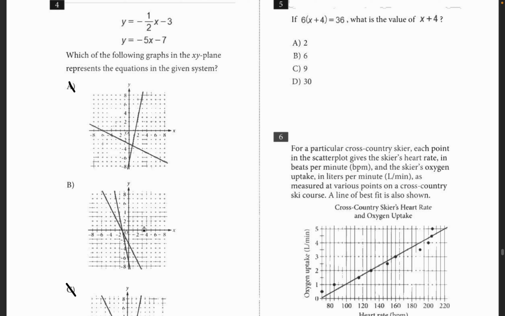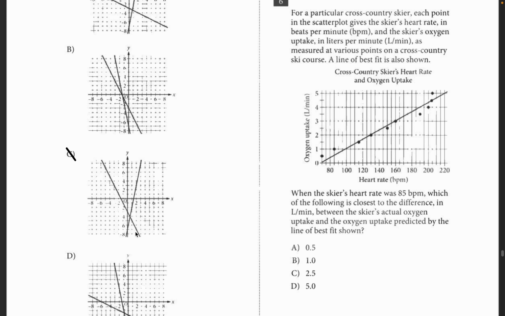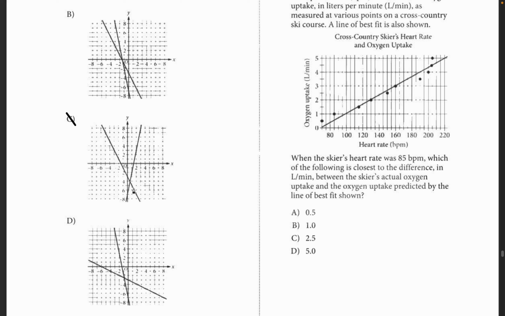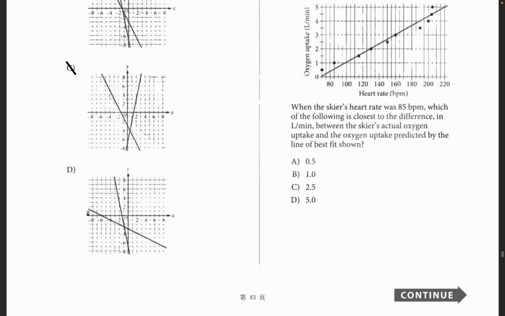Okay, let's plug in a point. Where do they intersect here? It's hard to see. Okay, so here we have a point at -6, 0.